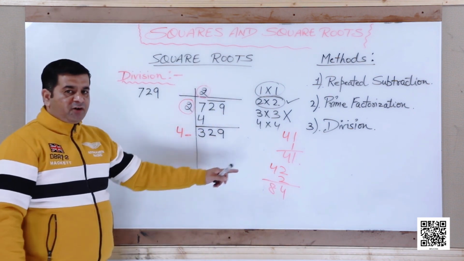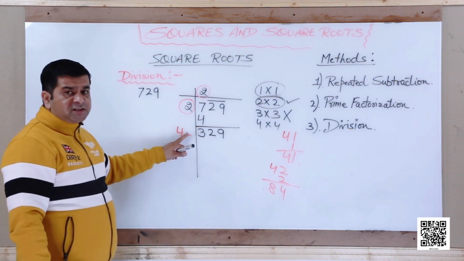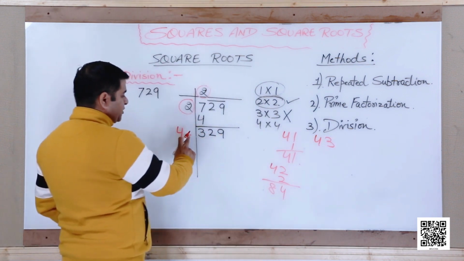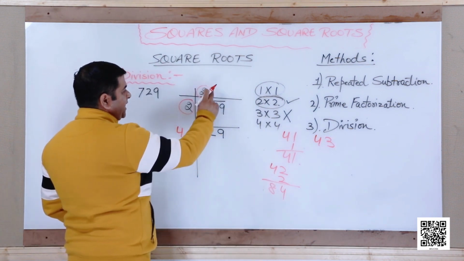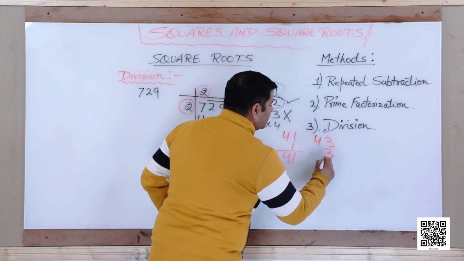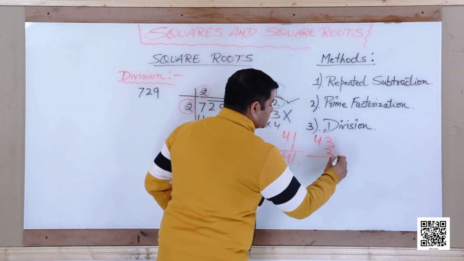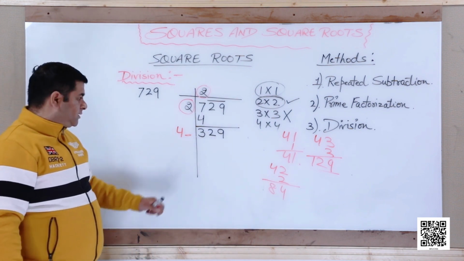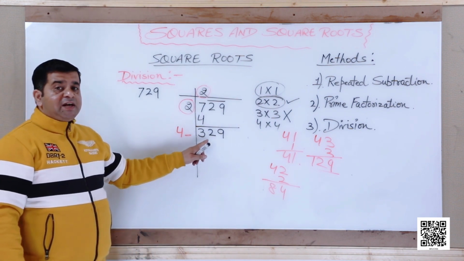It's 84. Suppose we write 3. If we write 3 here, it makes it 43, and if we write 3 here, we will multiply 43 by 3. 3 times 3 is 9, and 3 times 4 is 12. It's 129. We need 329.